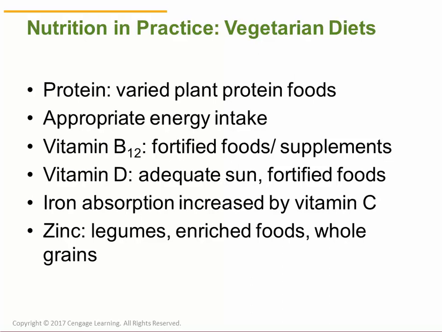So not only do we have to ingest the B12, we have to have the intrinsic factor, and we also have to have an ileum for it to be absorbed into. So people who have different types of stomach surgeries, bariatric surgeries to remove portions of their stomach, could develop the B12 deficiency as well.